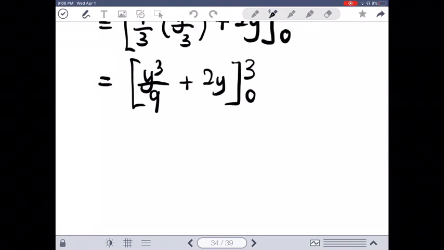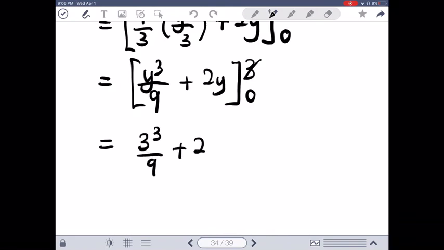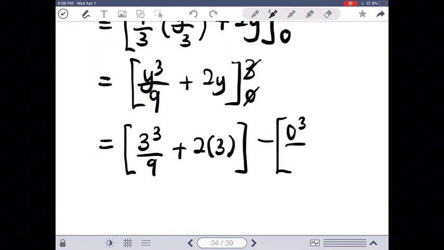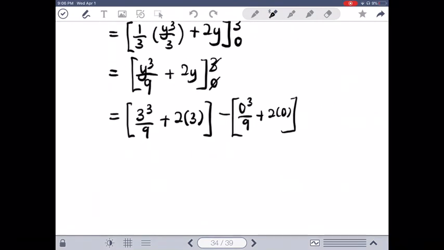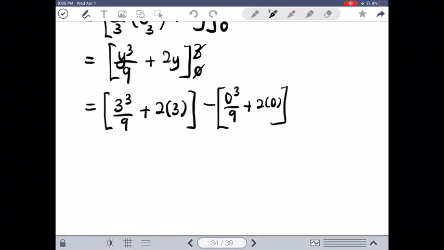0. Simplify this, becomes y to the power of 3 over 9 plus 2y, 0. So start with the top one first. So 3 to the power of 3 over 9 plus 2 times 3, minus the bottom, 0 to the power of 3 over 9 plus 2 times 0, which is just equal to 0.